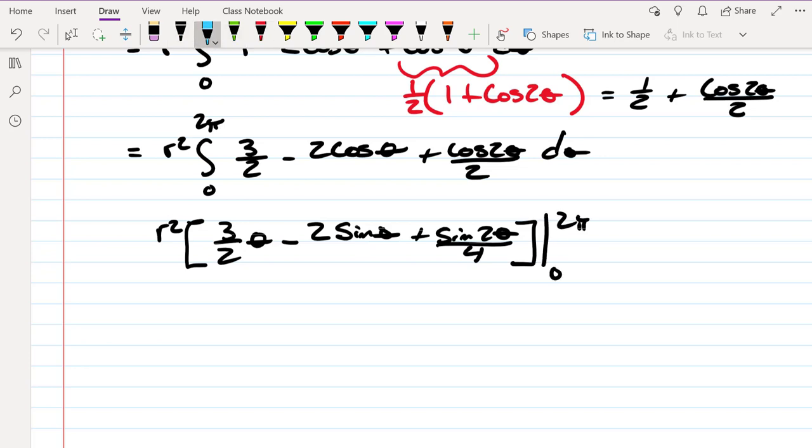If you want to, we can always let u equal 2 theta, then du is equal to 2 d theta, and do a u substitution on that, and you will end up with the same thing.